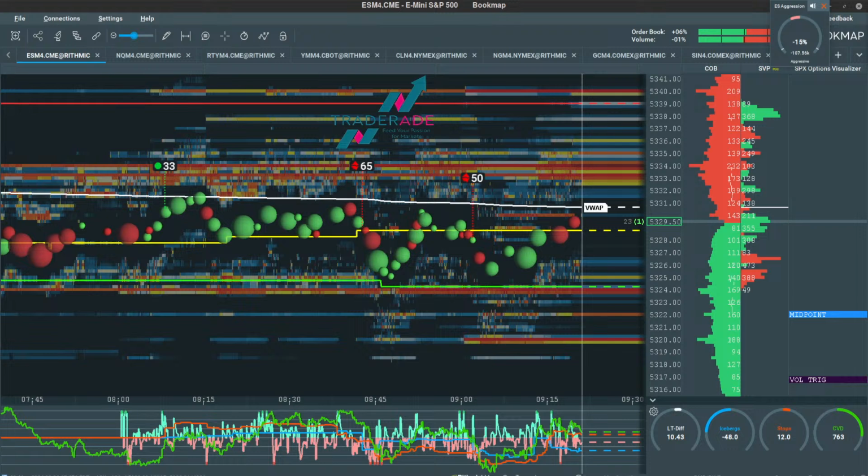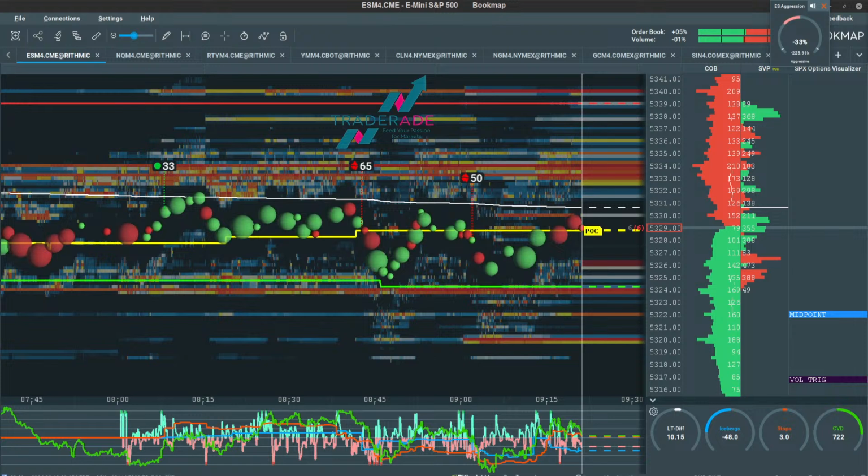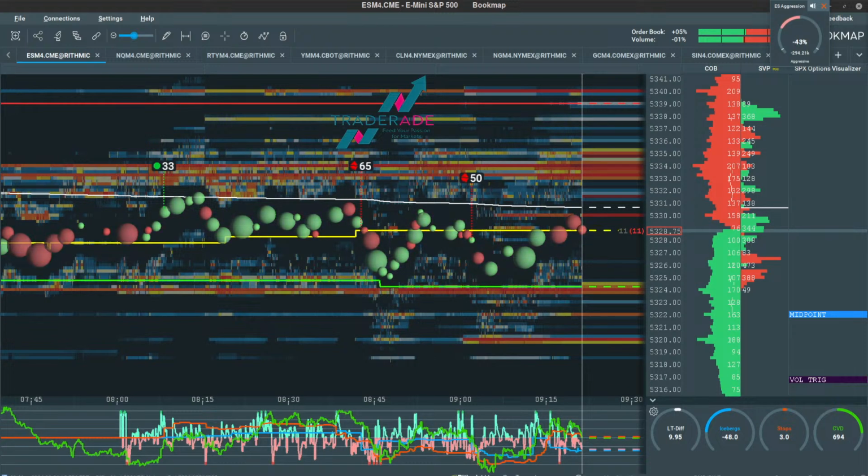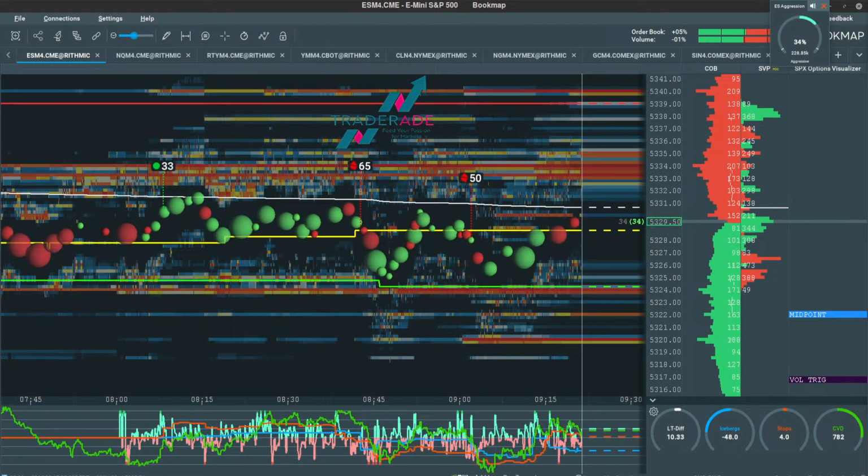The VWAP is a volume-weighted average price. The idea of the point of control is really where the most transacting is happening. So if price is above the point of control, you've got buyers in control, hence the name point of control. Price below that point of control, you've got sellers in control. This goes back to that delta idea of the session volume profile.